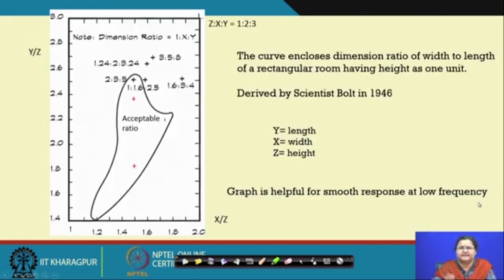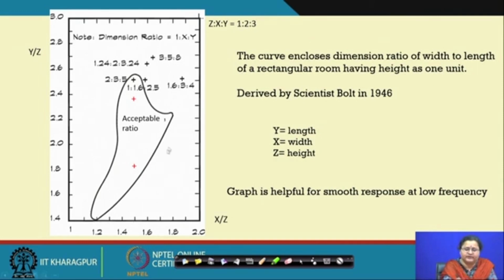We see scientist Bolt in 1946 gave us this graph. When the z, that is the height, is equal to 1, you can follow this graph.